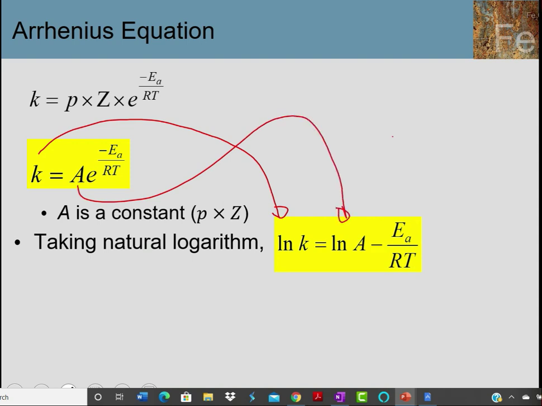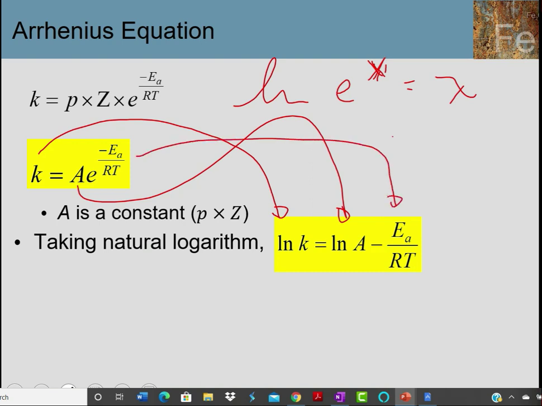And then since we're getting rid of the e with the logarithm, because natural log of e to the x is x, sorry, I'm writing on my screen and my screen is bouncing. There we go. Natural logarithm of e to the x is x. That means I just pull out that negative Ea over RT, and that becomes that part.